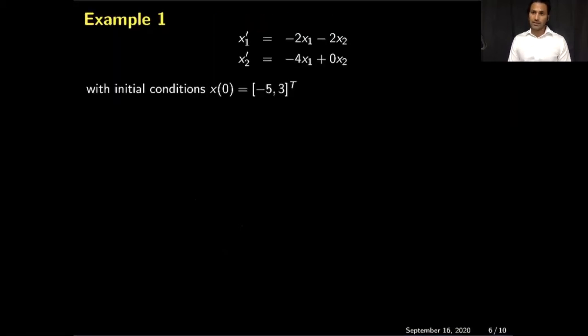Here I will take an example and show you how to compute the general solution of this linear system of differential equations. This time I have a 2 by 2 system.